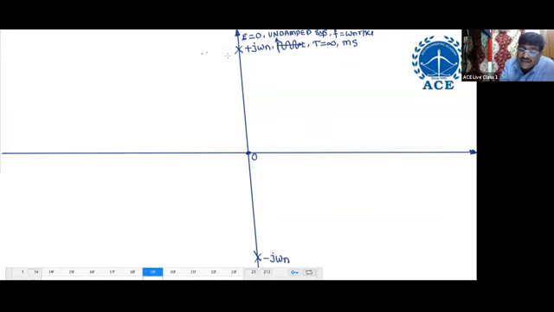When zeta increases, the poles move towards the left side, like this.